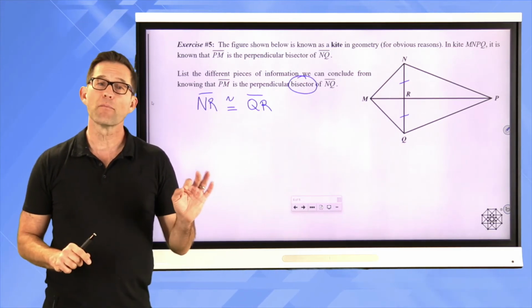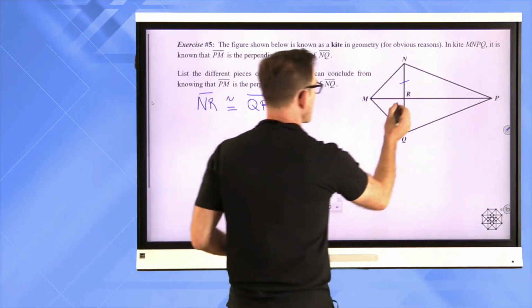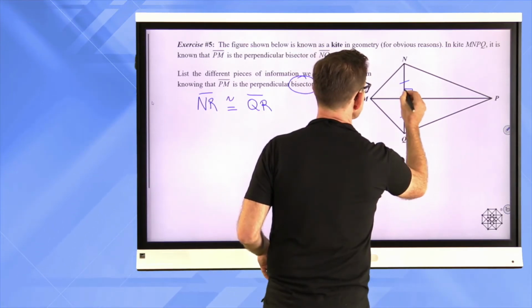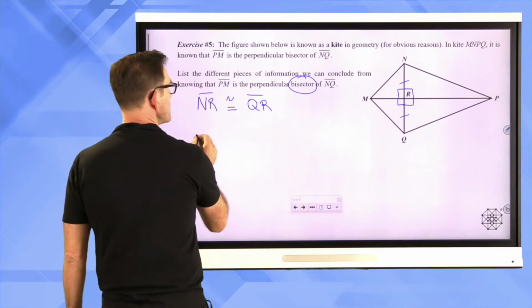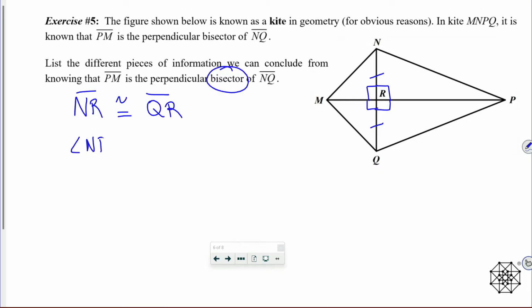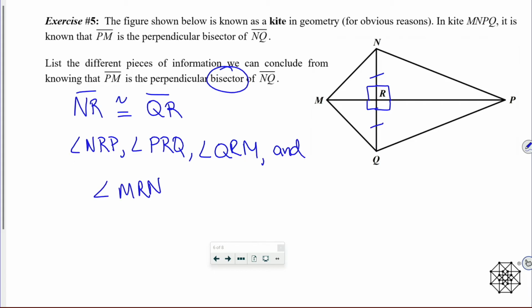Great. But now the perpendicular piece is also important. And that's the fact that this, and this are all right angles. So angle NRP, angle PRQ, angle QRM, and angle MRN are all right angles.